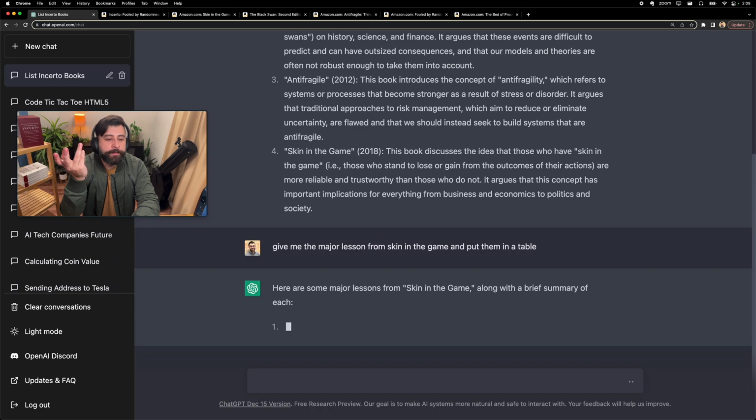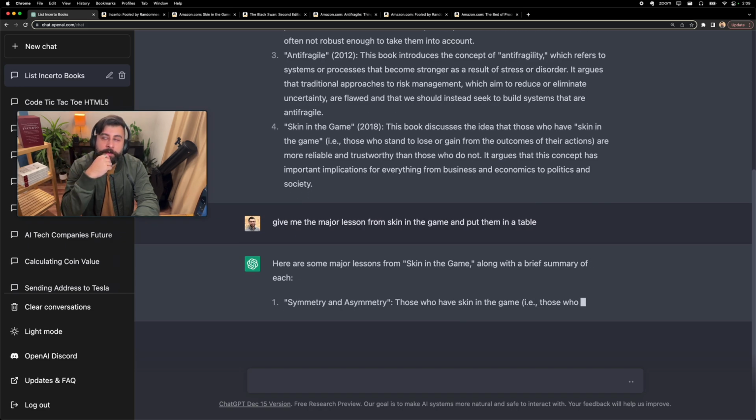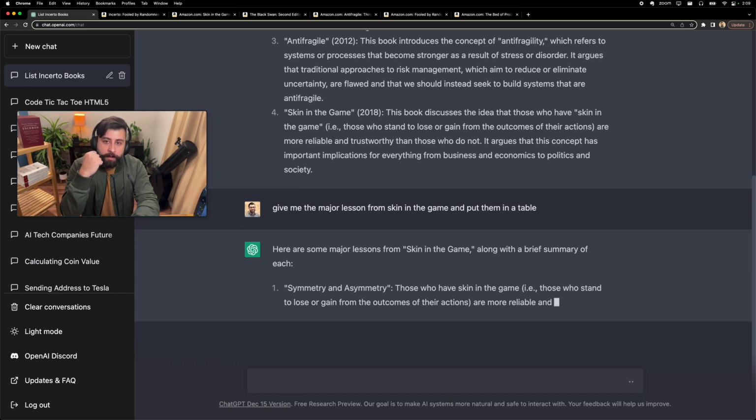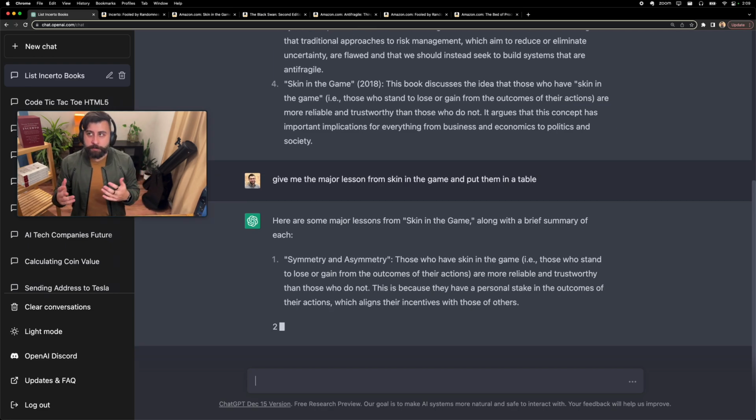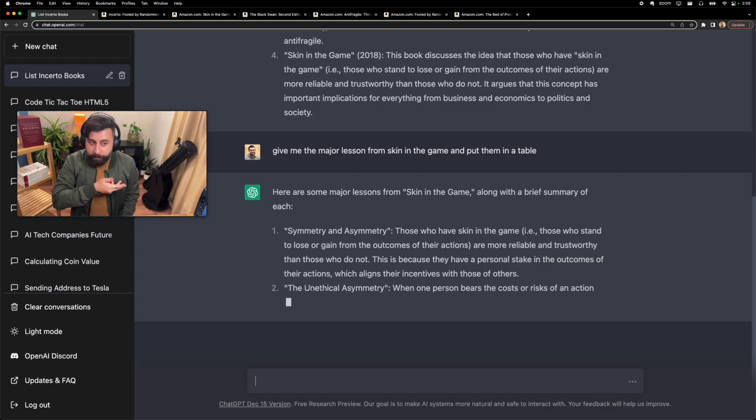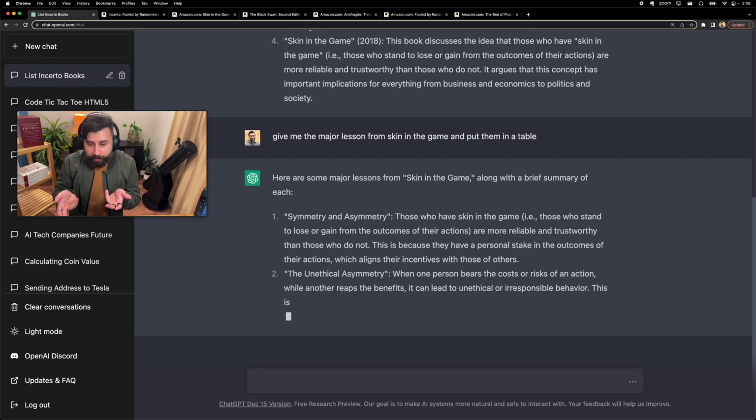So here's an example of Skin in the Game that I really like that Nassim talks about, which is engineers should be accountable for, or people who build should be accountable for their actions.